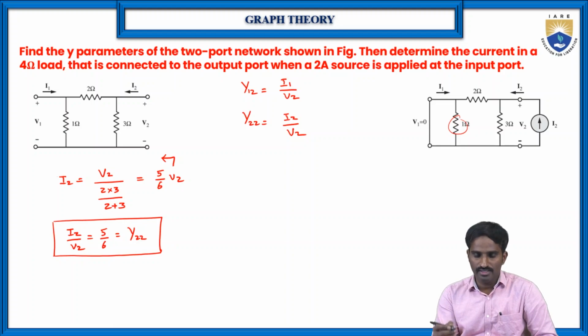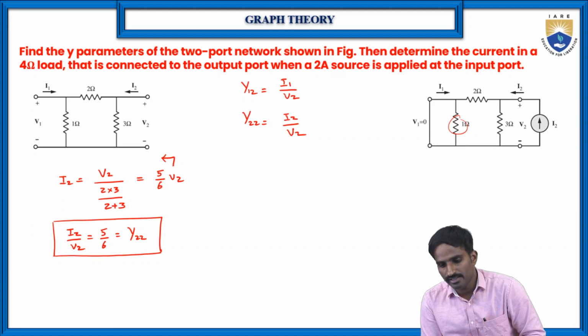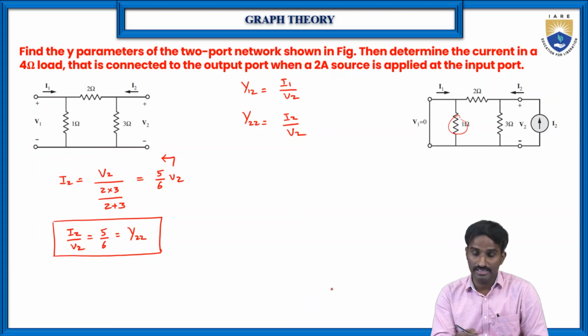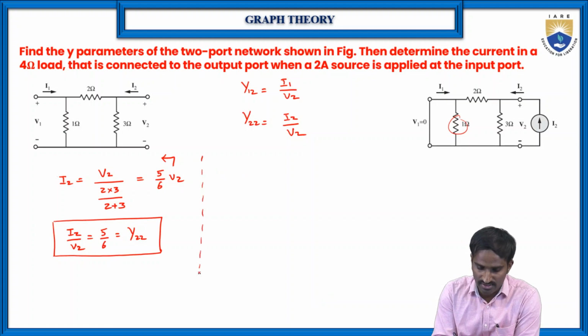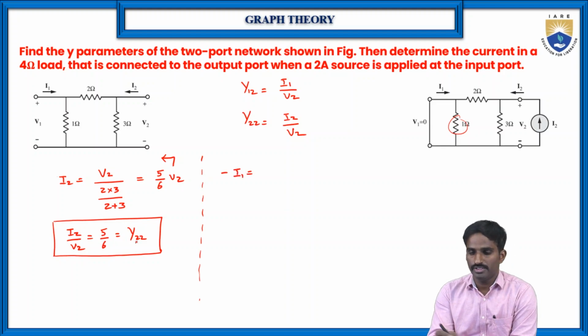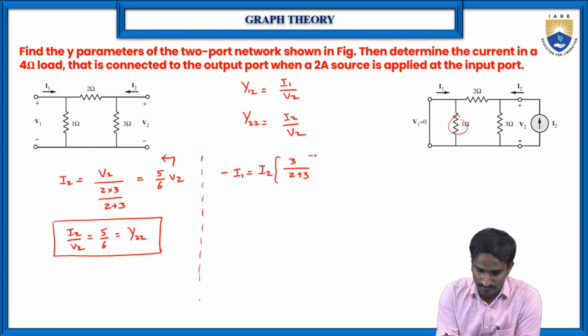Then how to find the Y12? The same way again, just find here I1, before we calculated I2. So I1, because here I1 is again in the opposite direction, so that's why we are considering that as a minus I1. So minus I1 is equal to the total current here, it is I2 now, I2 into, so what is the opposite resistor? Here it is 3. 3 by 2 plus 3.